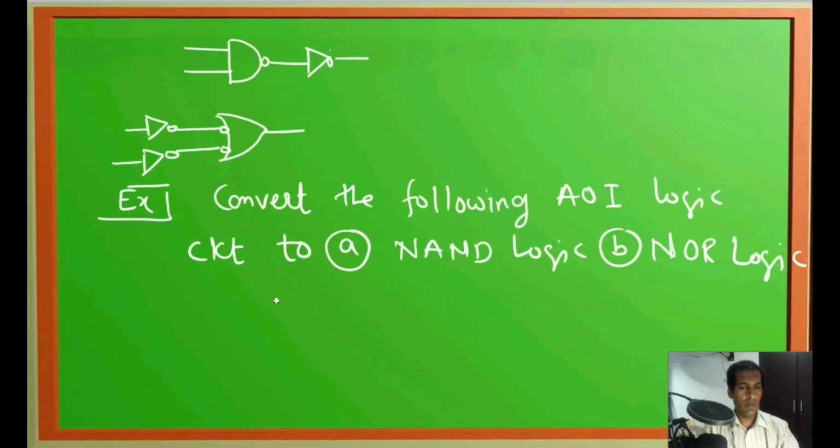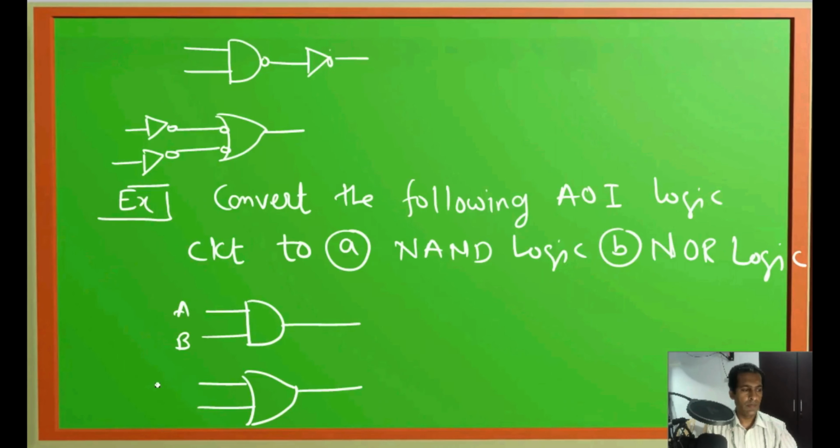So, the given circuit. Say we have one AND gate where A and B are the inputs, and another OR gate where C and D are the inputs.